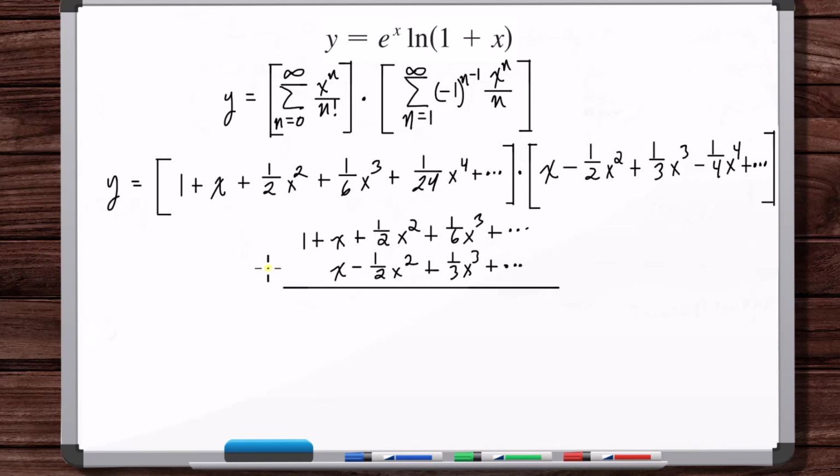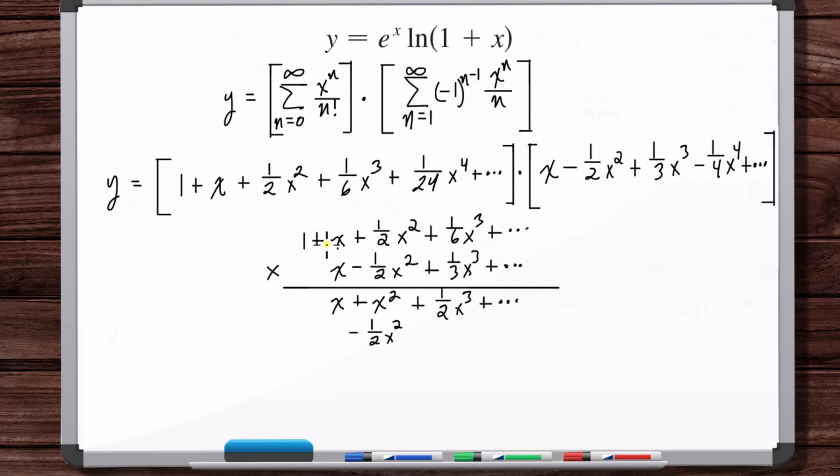Okay, so we're multiplying these. Now we just go term by term. So x times 1 is x. X times x is positive x squared. X times 1/2 x squared is positive 1/2 x cubed. Now we come here, minus 1/2 x squared times 1 is minus 1/2 x squared.